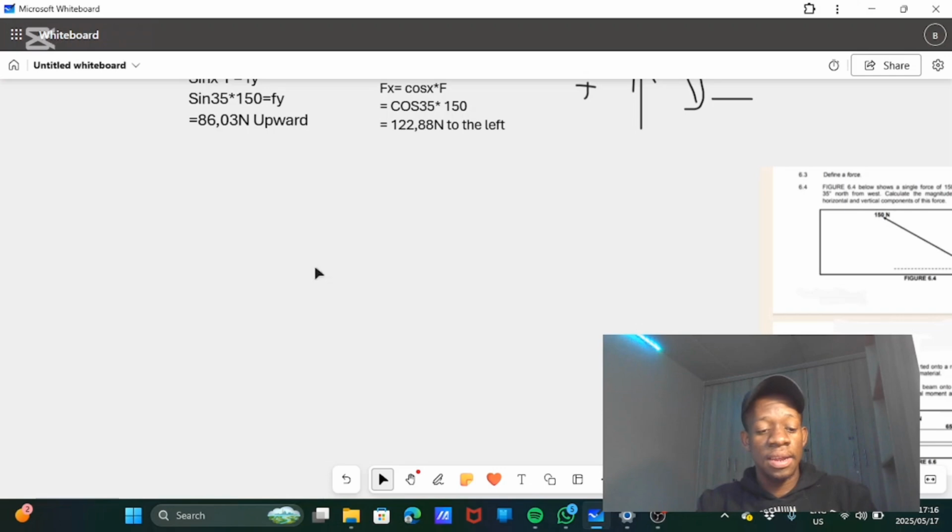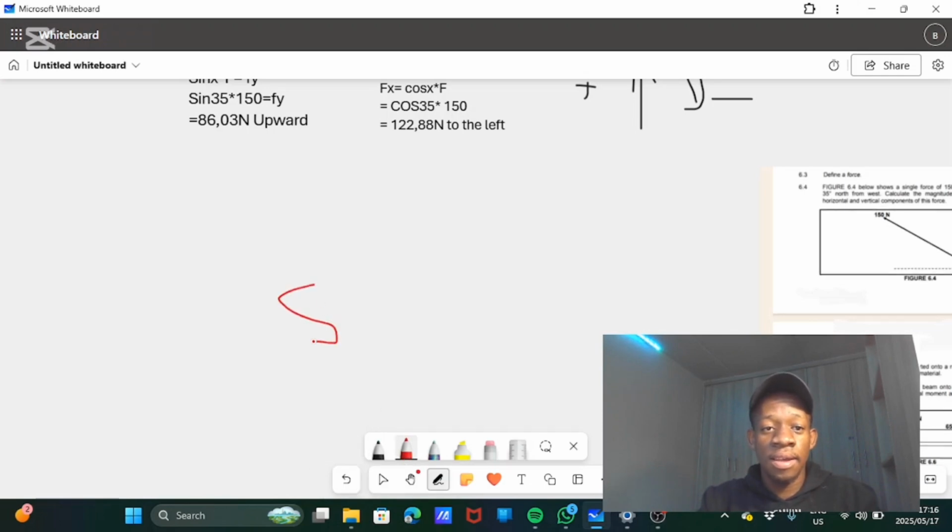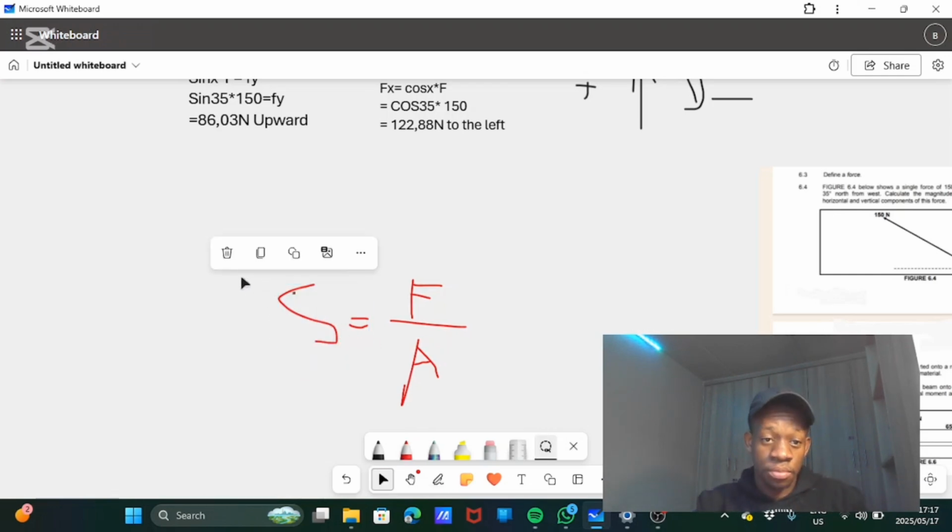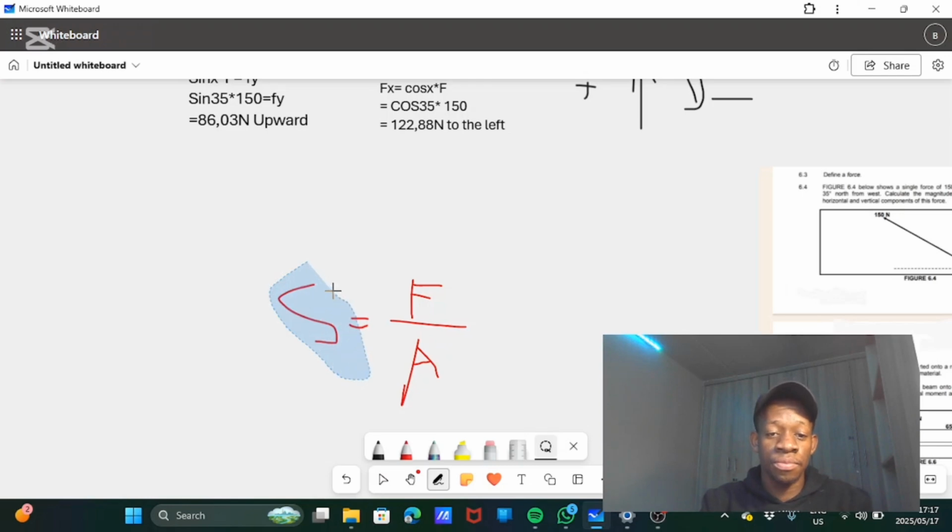It is S is equal to F divided by A. Sorry for my bad writing, but here it's not S. We use this symbol. It's like this.